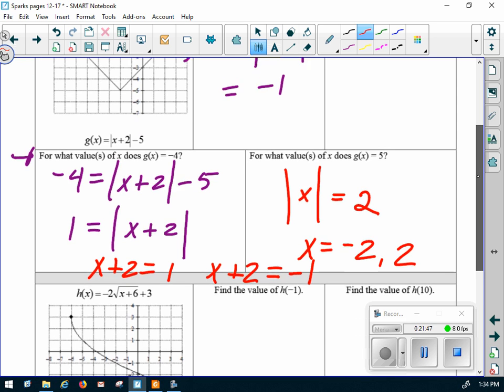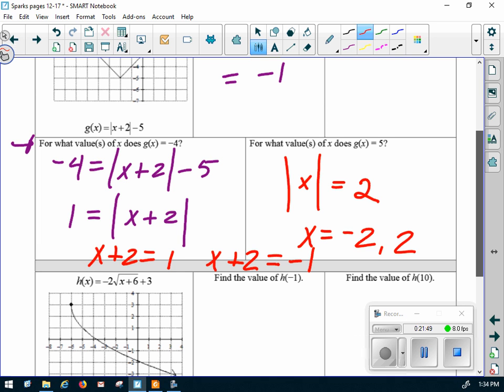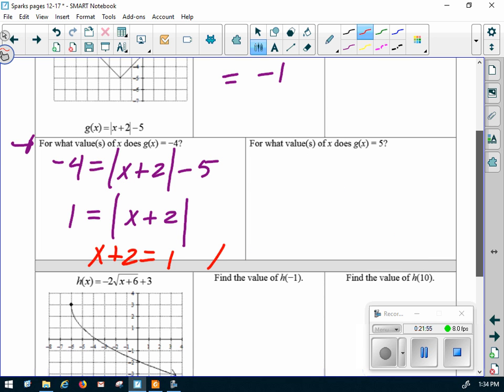We're on this question right here, so we're in this one here. Okay. Oops. X plus 2 equals -1. So what's x? -1 or -3.